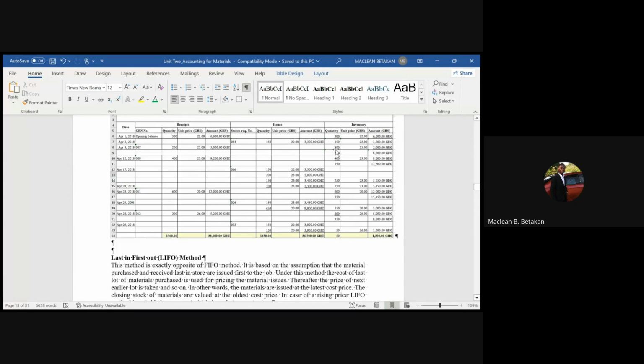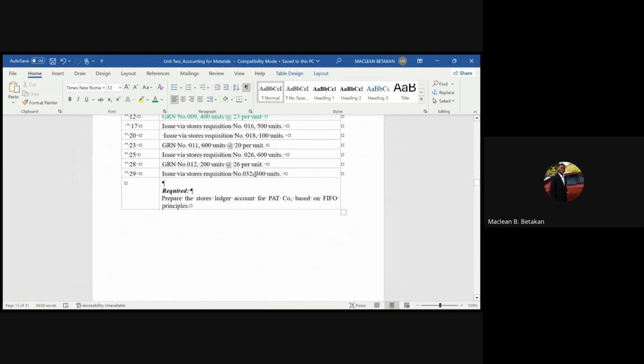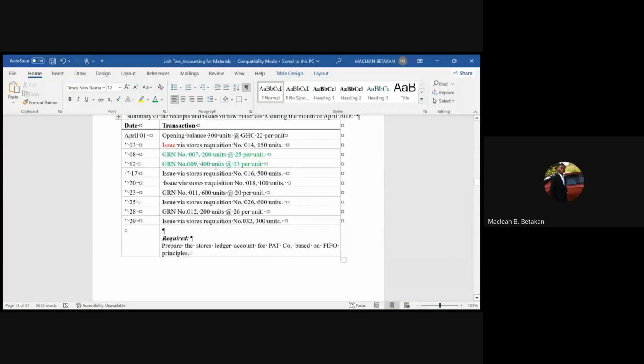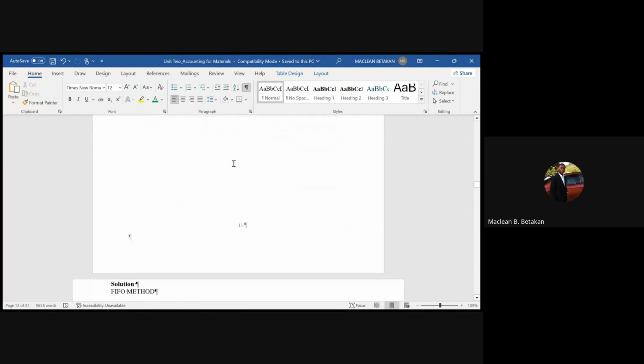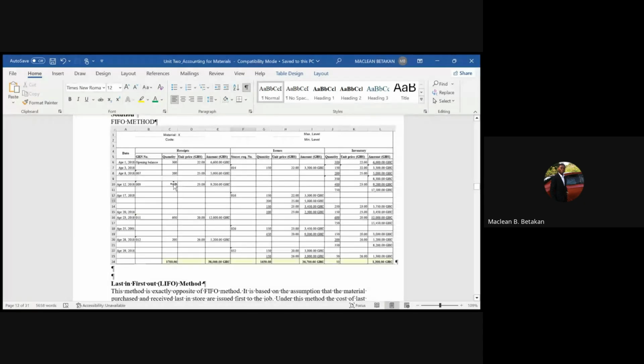So if you add 200 to 150, you get 350. If you add 5,000 to 3,300, you get 8,300. So you now have 350. Then our next transaction was on the 12th. We are getting another receipt of 400 at 23 cedis. So we come to the receipt column, we record 400, valued at 23 cedis.